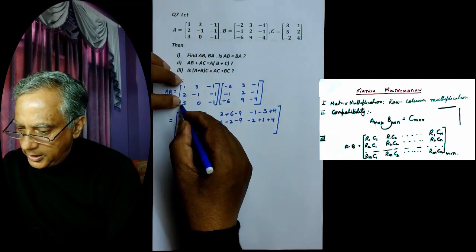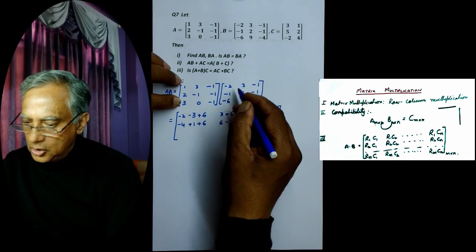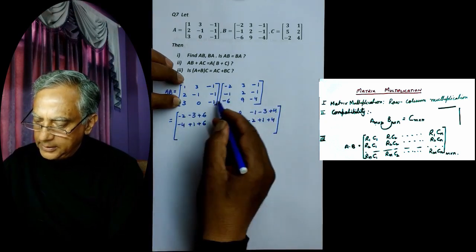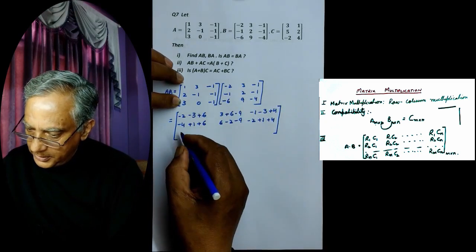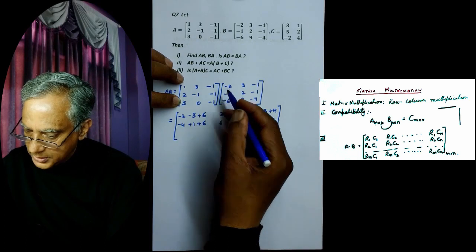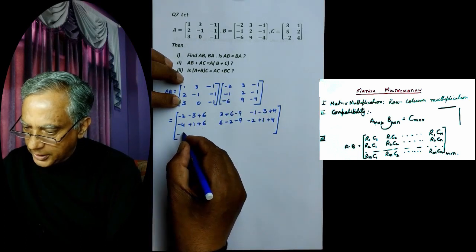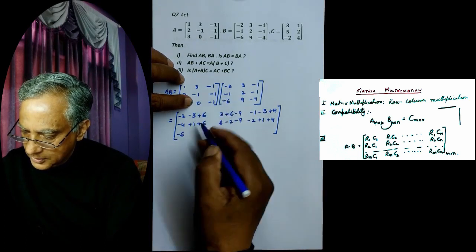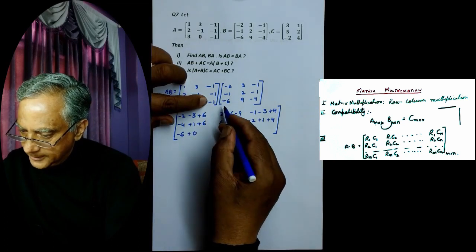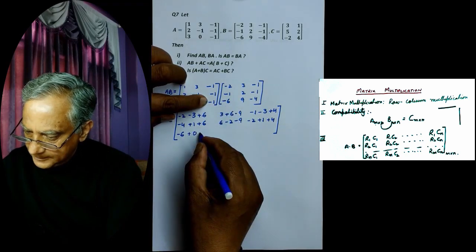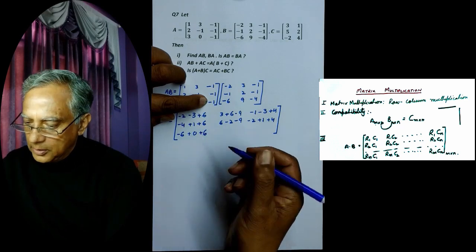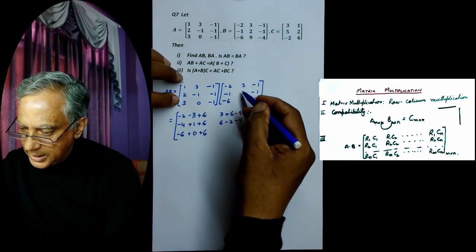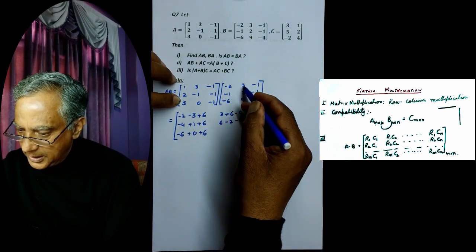Next is third row with all the columns. So third row with first column. So this will be 3 into minus 2. First entry with first, minus 6. Second with second, 0. Third with the third, that is plus 6. Now this with this. First entry with first is 9.